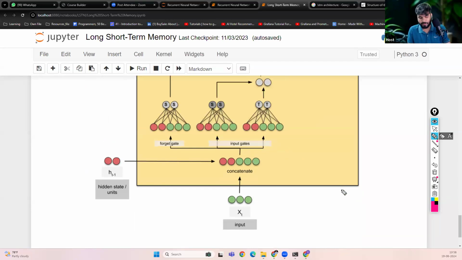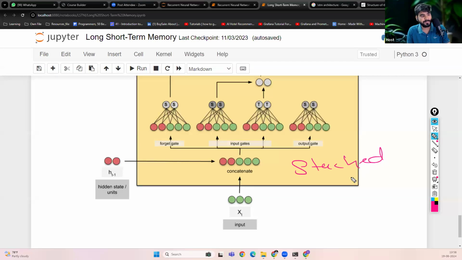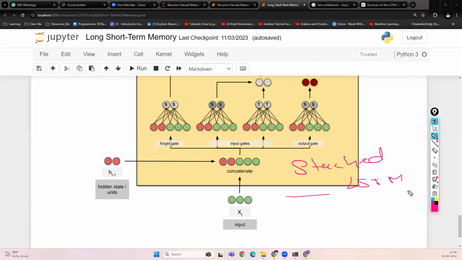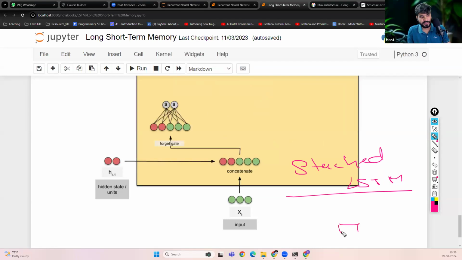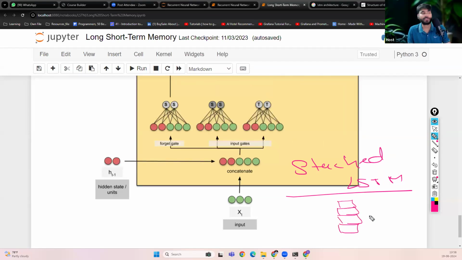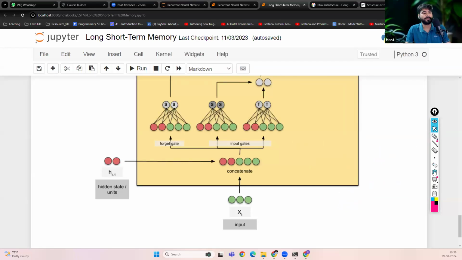Now, one more type that we have here is the stacked LSTM. In a stacked LSTM, we have multiple LSTMs on top of each other: first LSTM, second LSTM, third LSTM, fourth LSTM, and so on. Let me show you the file.